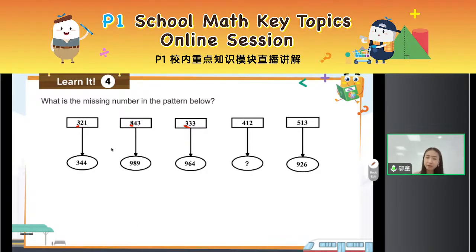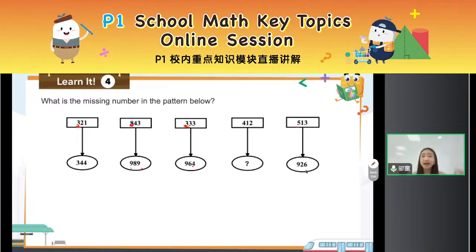Is it okay if we mix up the digits a bit? For example, I give you a hint. Here's 3, right? The rest two numbers are 4 and 4, their neighbor number to 3. If the second number is 8, I can see their neighbor number 9 and 9. For 3, I can find the neighbor number 4 here. Can you also find the neighbor number of 5 below? 6.